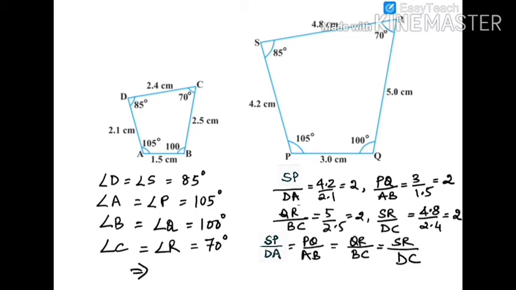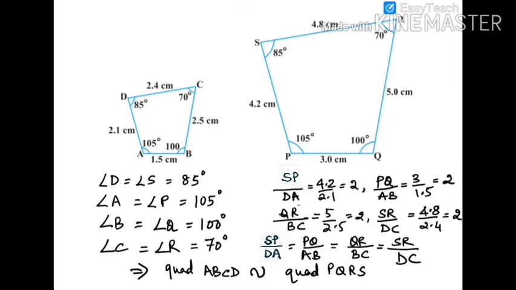So this implies quadrilateral ABCD is similar to quadrilateral, since we started with A here, we will start with the corresponding angle, that is P, PQRS.